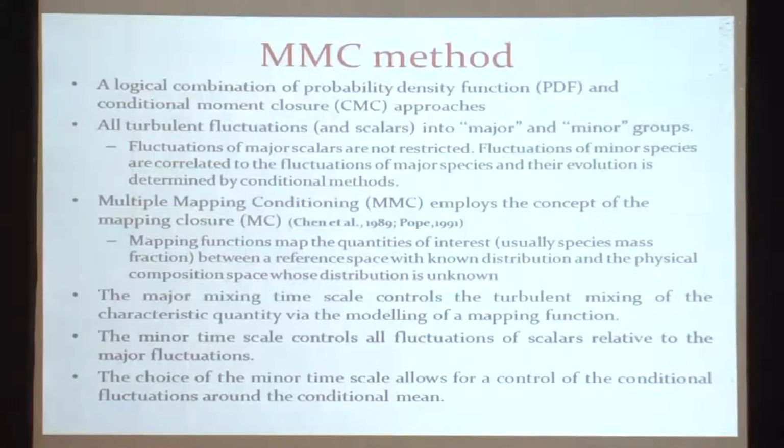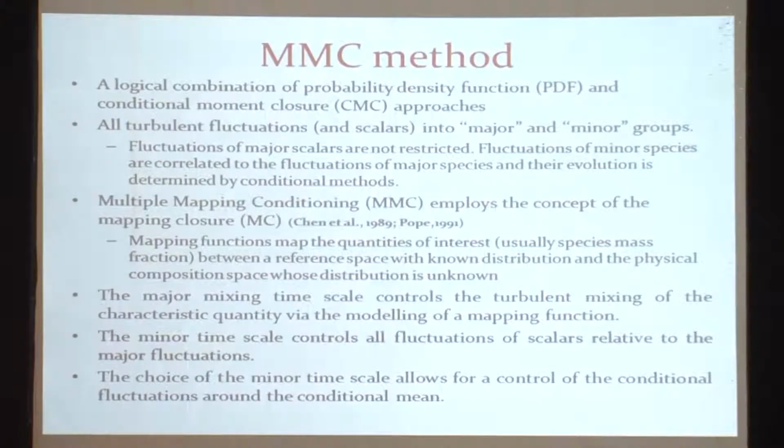As we know, the PDF method is quite expensive if you want to apply it to a practical system, whereas the CMC method is a little bit less expensive, but it has been found that the CMC method cannot produce certain complex flow features such as extinction and reignition.